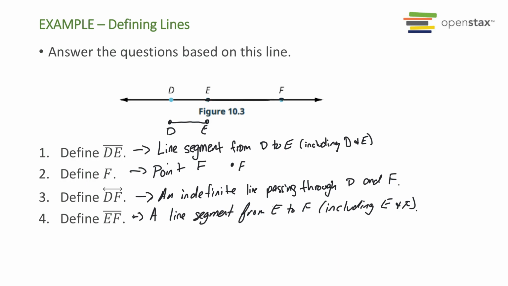EF line segment is right there on this graph. This whole thing is line DF.